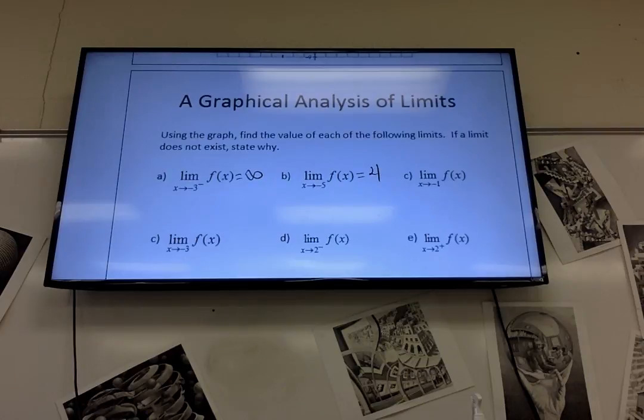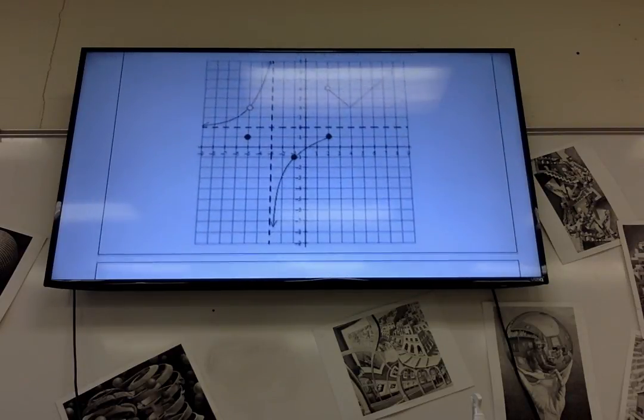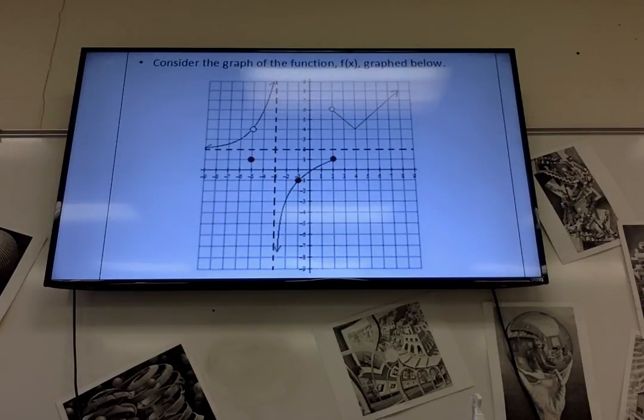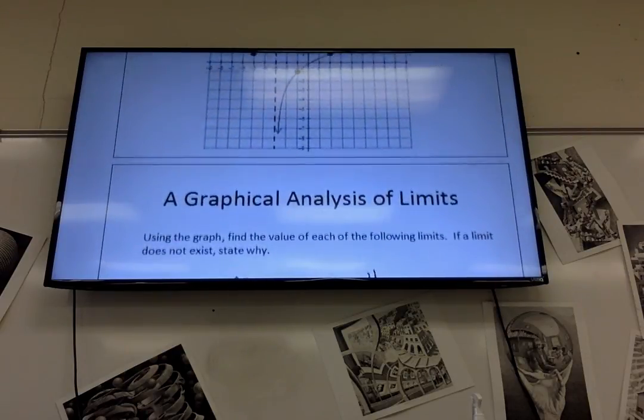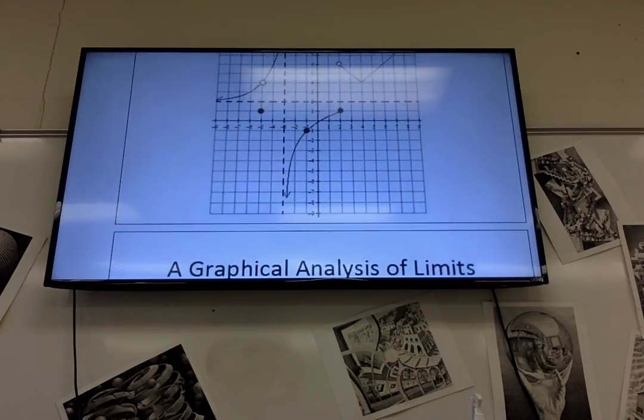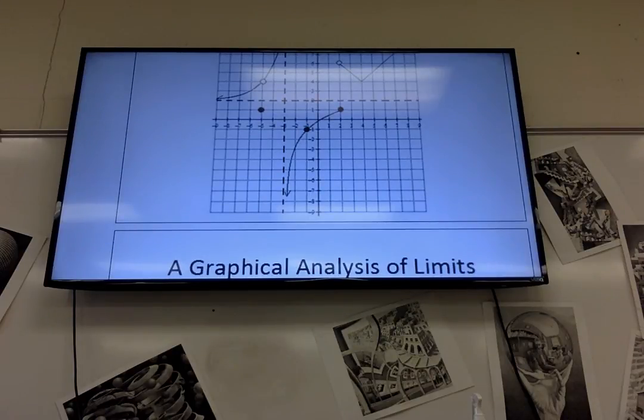C. Limit as x approaches negative 1 of f of x. Faith? From anywhere? From anywhere, yep. Negative 1? Yes.